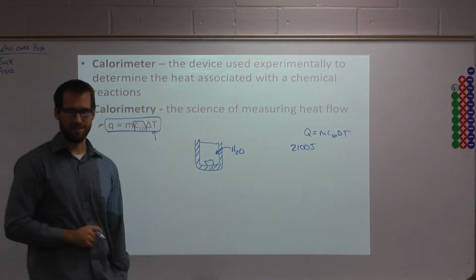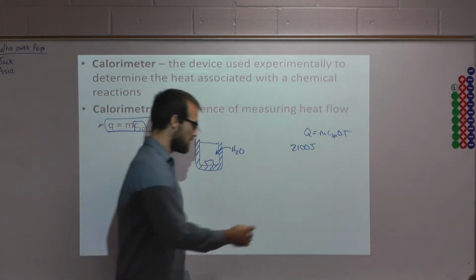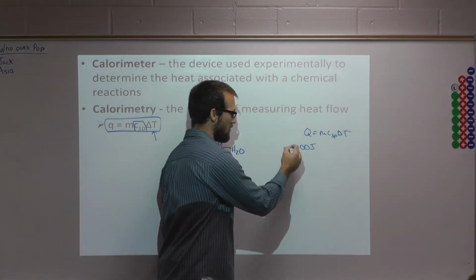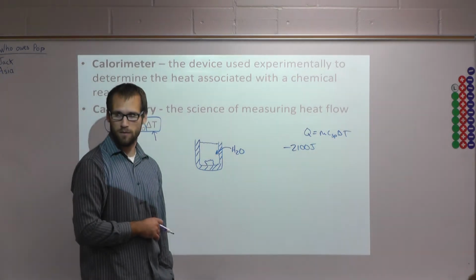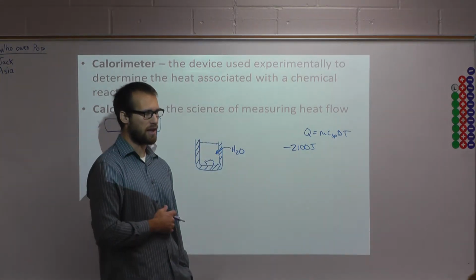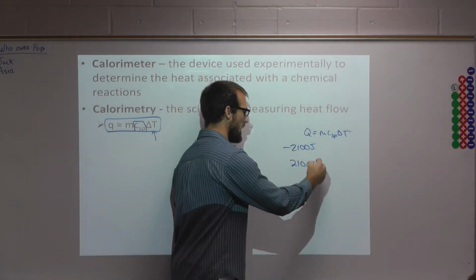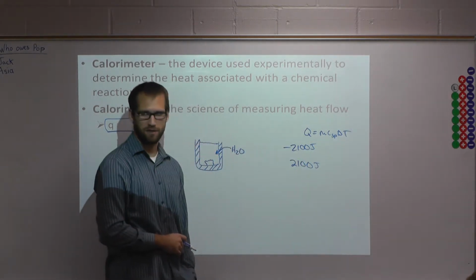Okay? Well, that's how many joules the rock gave off. So the rock gave off, we would make it negative, let's say that. Then the amount of joules the water gained would be what? But it would be positive due to direction, right?